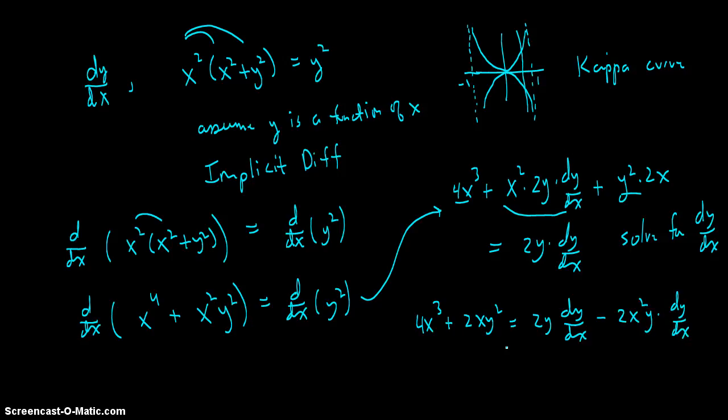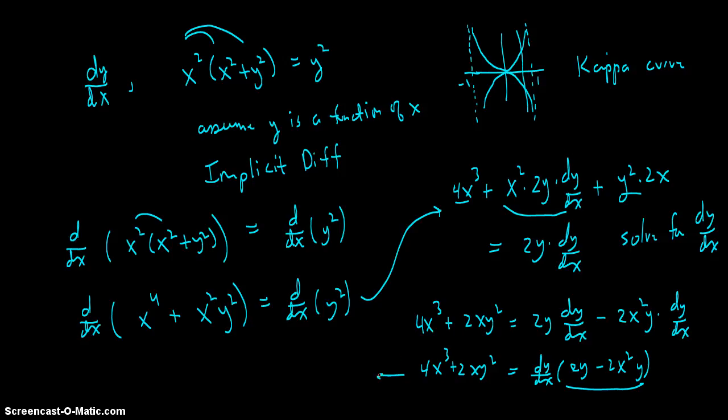And the point of this is now on the right side, we can factor out dy/dx. So it's dy/dx times (2y minus 2x squared y). And on the left side, it remains 4x cubed plus 2xy squared. And finally, if we just divide both sides by the quantity in the parentheses here on the right side, we get a nice formula for dy/dx.